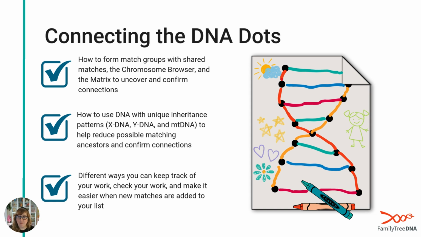We'll review how to find and form match groups out of matches who not just share DNA, but overlapping DNA segments, meaning that those segments were passed down from the same shared ancestor to your whole match group. We'll also look at how DNA passed down in different patterns can help, like xDNA, yDNA, and mitochondrial DNA, often abbreviated as mtDNA. And I'll review a few strategies that I use to organize my research and check my work.